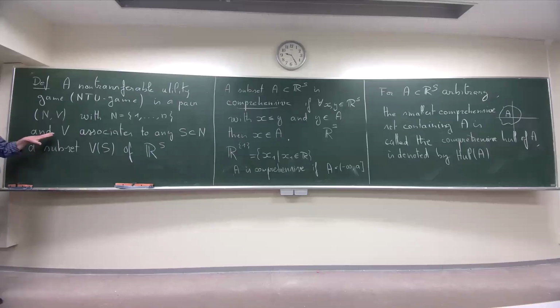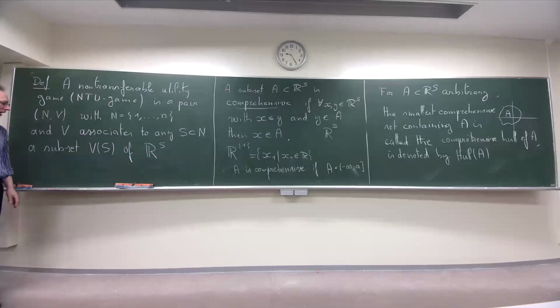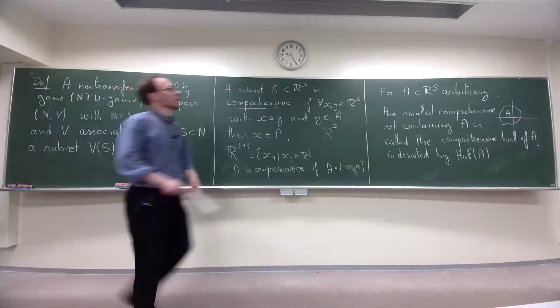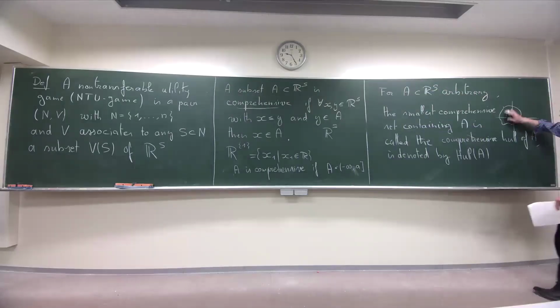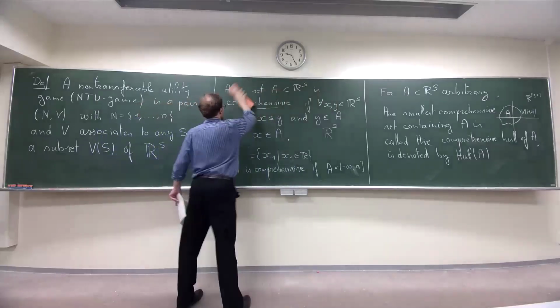That's why I do it with words. V associates with any subset of the set of n players a subset of R^S. For example, if this would be a subset of R, let's say {1, 2}. If we are dealing with players 1, 2, this would be V of the subset {1, 2}. Okay, this is a subset. But of course, I need to impose a few more conditions. So that's not enough.